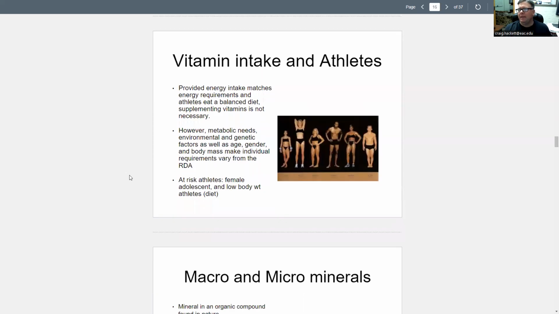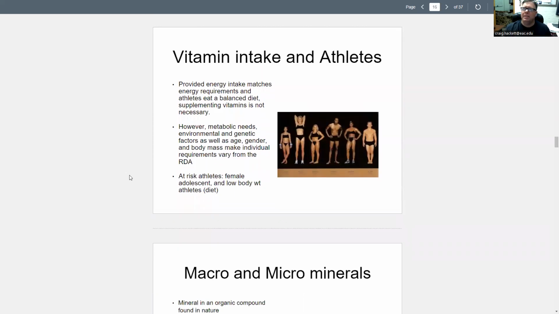All right, vitamin intake for athletes. Once again, here's the key, bullet number 1 up there. If you're getting enough calories and you're getting it from a lot of different foods, then you're probably fine when it comes to vitamin intake. Here's the problem: most of your athletes don't, right?